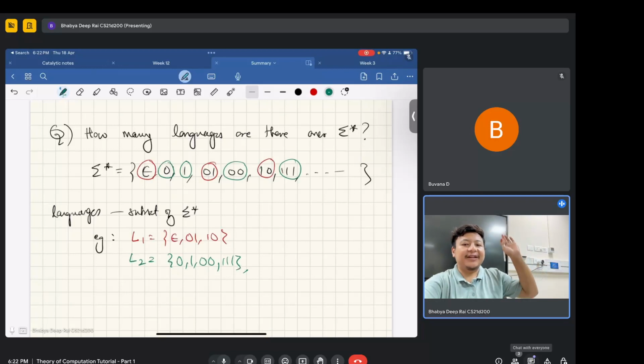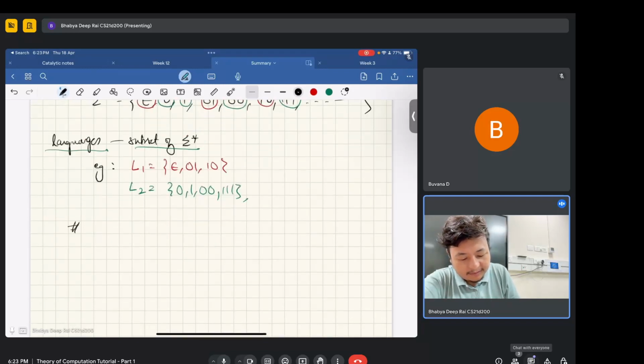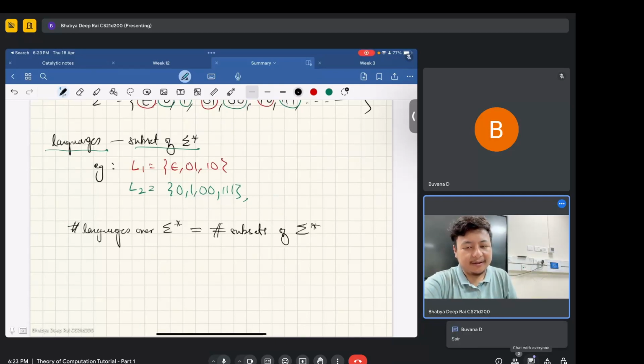And I can even take infinite languages by choosing infinitely many elements from this object. But if each language is a subset of sigma star, and every subset of sigma star is a language, the number of languages over sigma star is nothing but the number of subsets of sigma star, right?